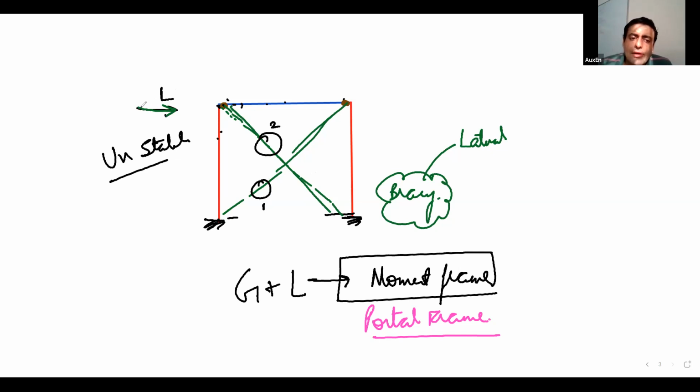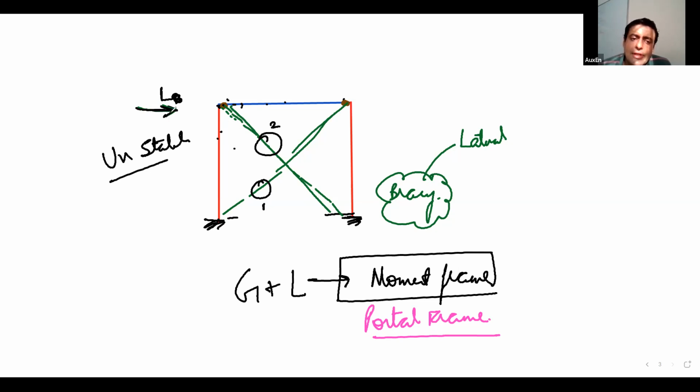Now under this lateral load L, which of the bracings will be under tension and which will be under compression? Yes, tell me. If the direction of lateral load is this, which of these two bracings will be under compression and which will be under tension?